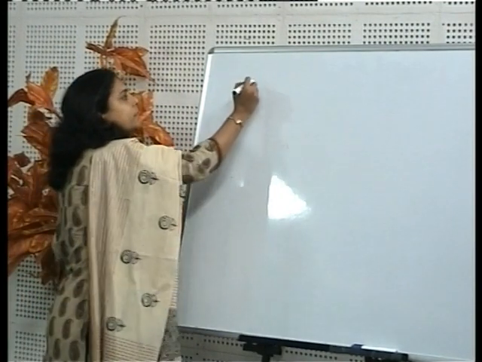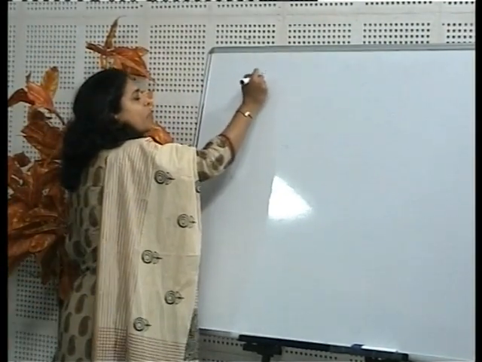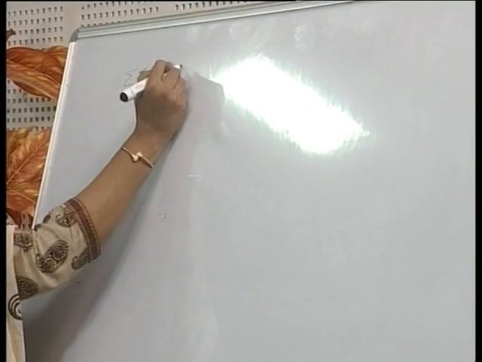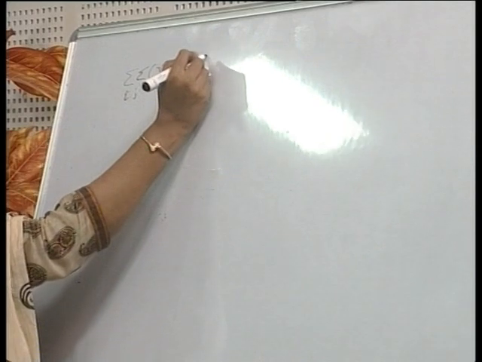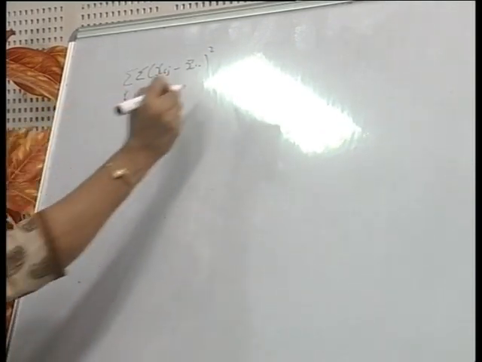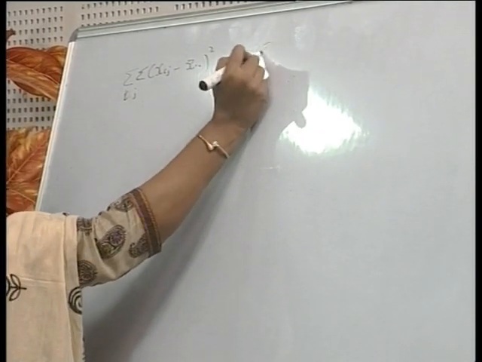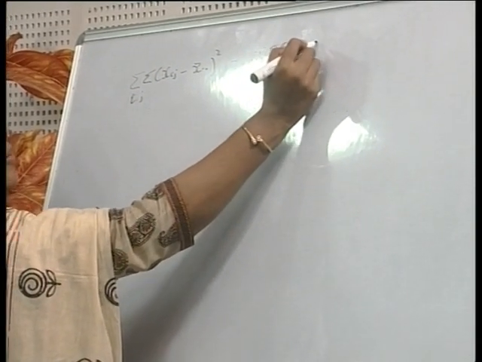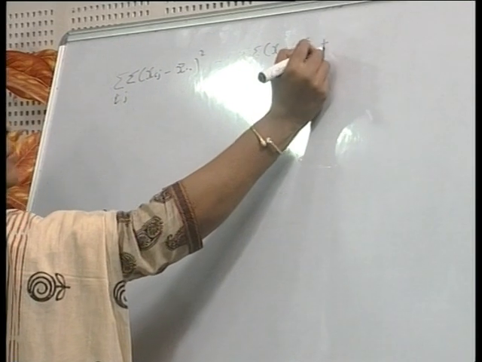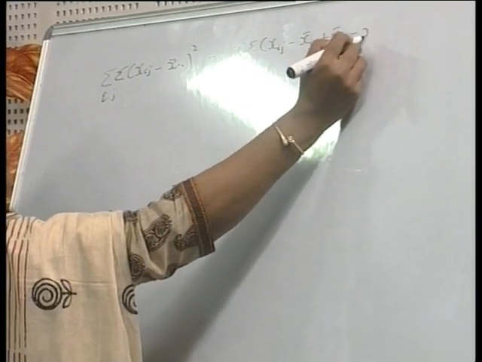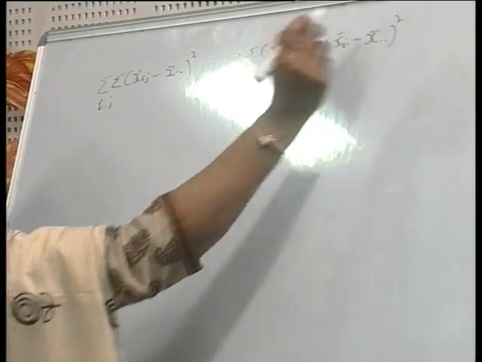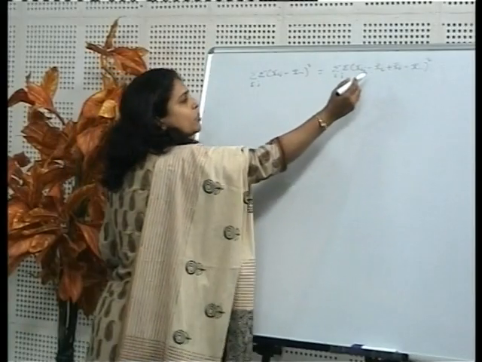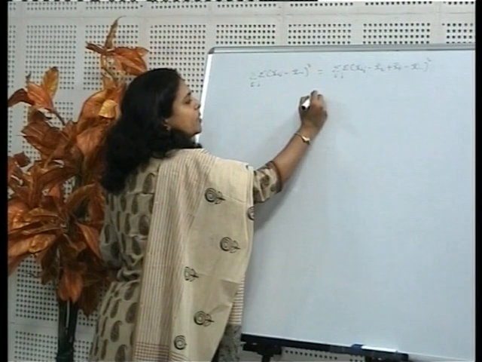Let us write double summation xij minus x bar double dot whole square equals double summation xij minus xi dot bar plus xi dot bar minus x bar double dot square. Adding and subtracting xi dot bar, it remains the same.